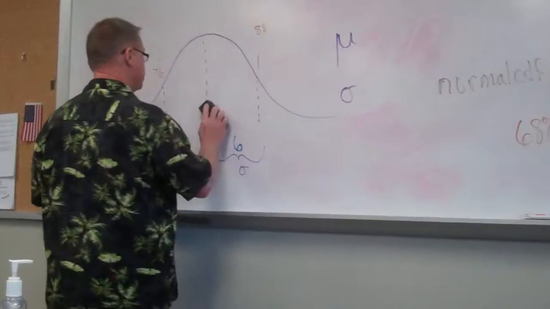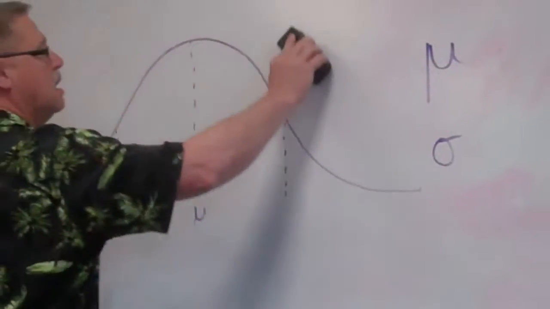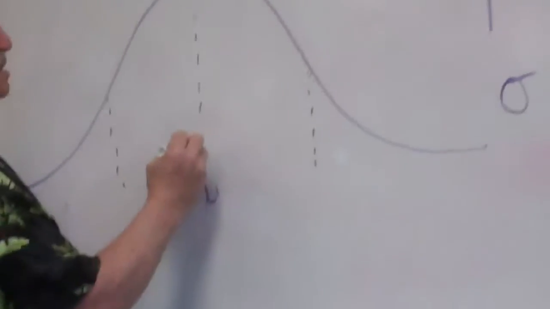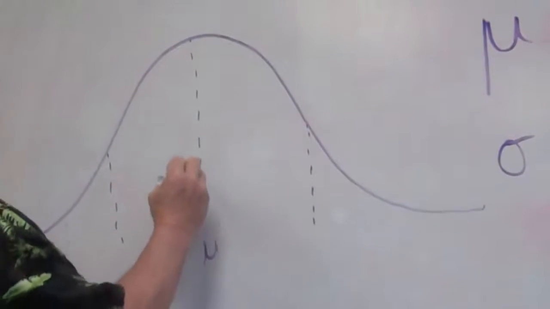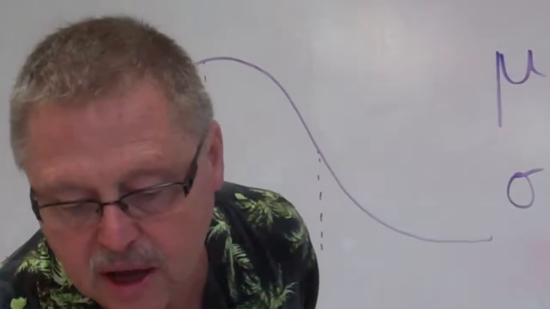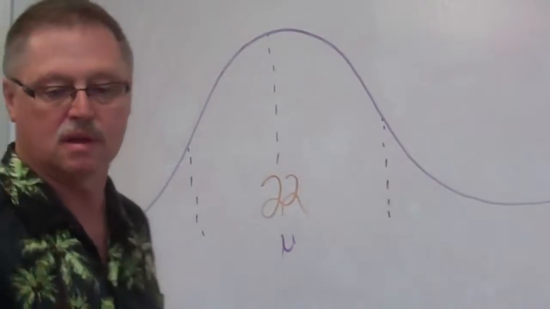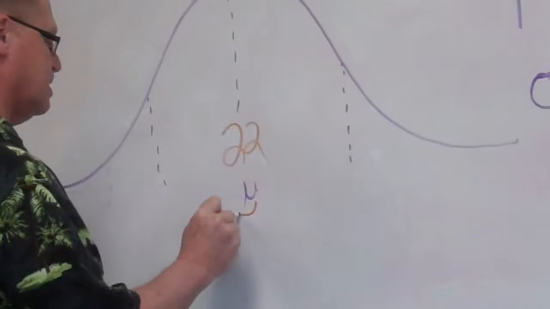So I'm going to change this all up now, Jaden. They said the mean is 22. Yeah, so I'm putting a 22 for my middle here. And x means this particular score is 19. And it says that the standard deviation is 2.6.